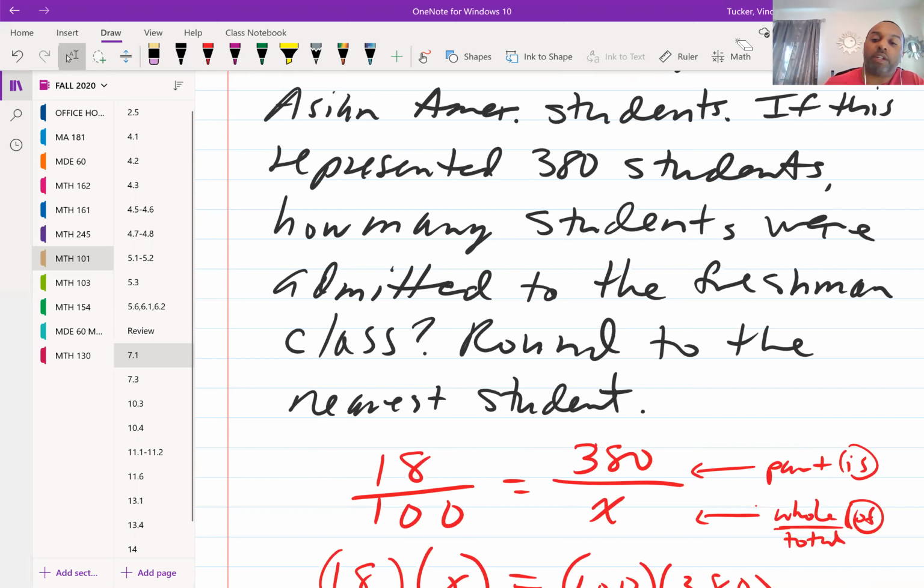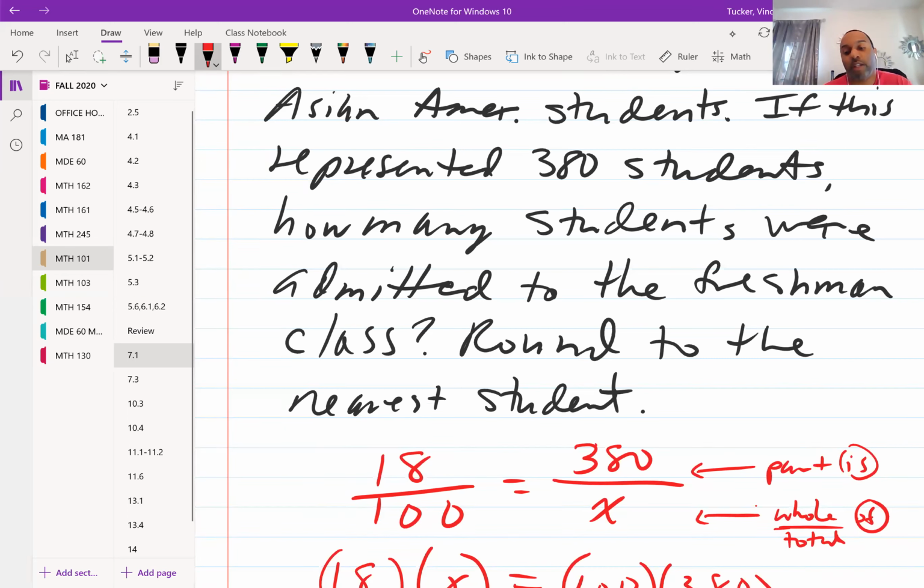So this is how we would set it up. Remember I said this top number represents part, and then the bottom number represents total or the whole. So once again, it's is over of, or part over whole, or amount over base.